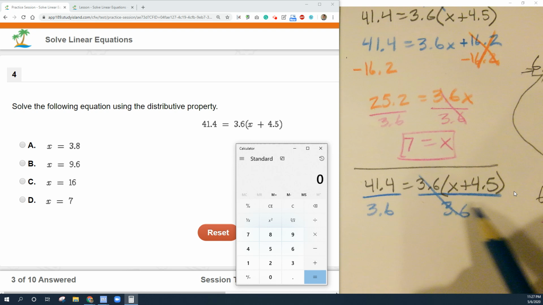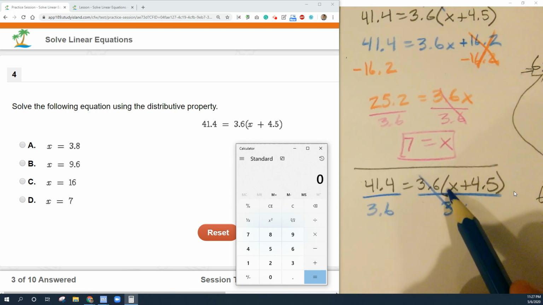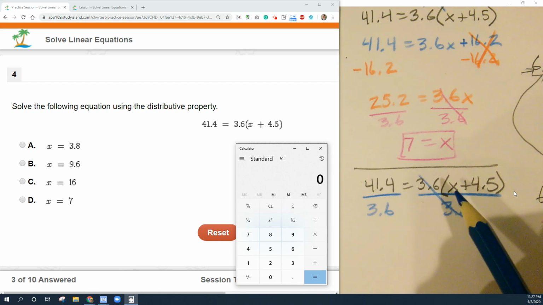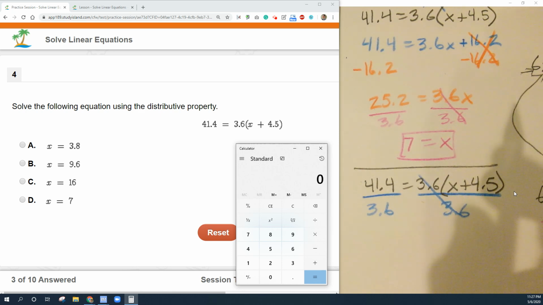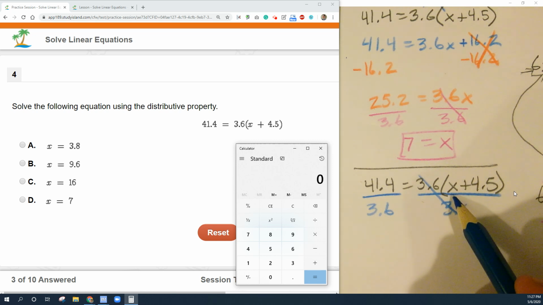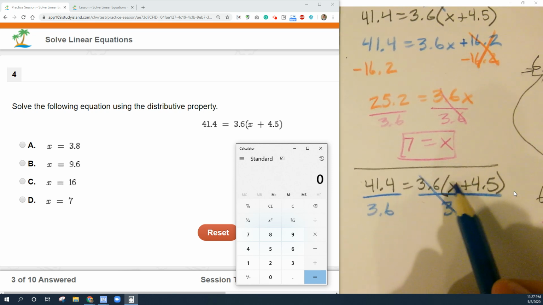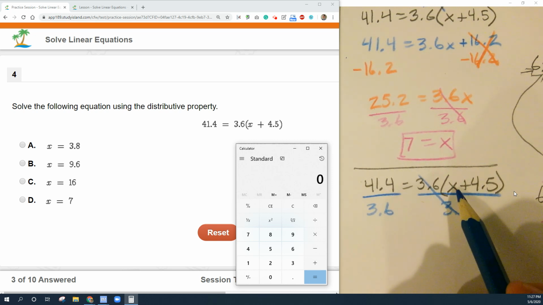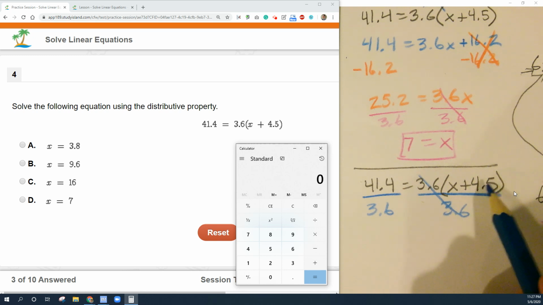Because this set of parentheses is like one thing. Imagine we had a variable, and that variable was different from x. Let's say it was n or y, whatever. Let's go with y. What if I told you y was equal to 4.5 more than x? That could rewrite this side of the equation as 3.6 times y, because y is x plus 4.5.